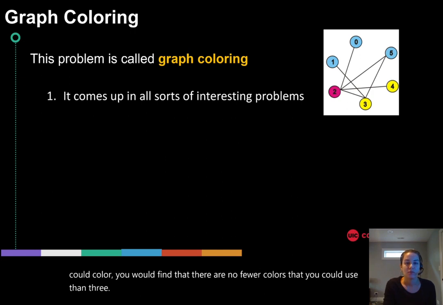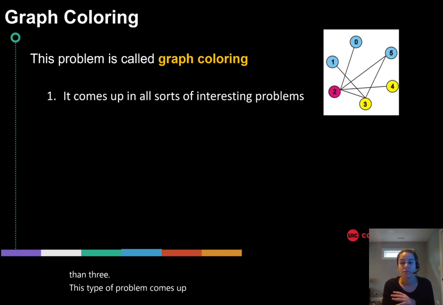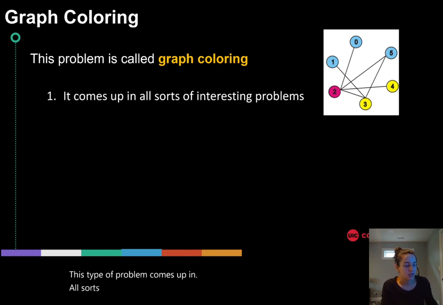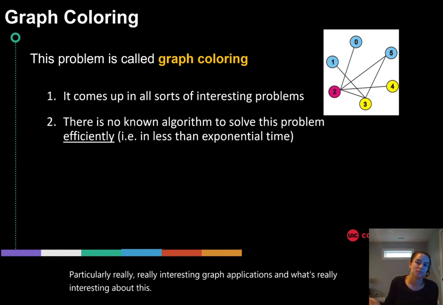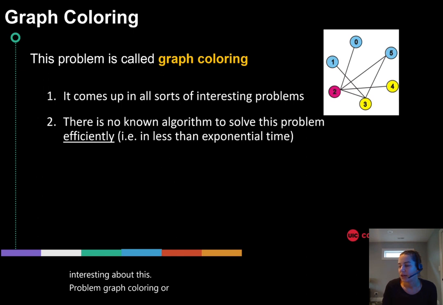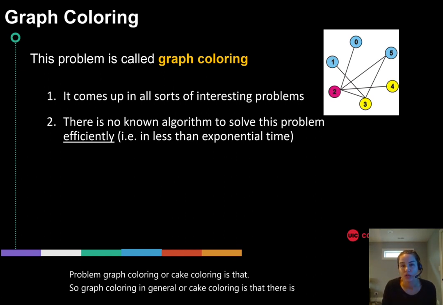This type of problem comes up in all sorts of different applications, particularly really interesting graph applications. And what's really interesting about this problem, graph coloring or K-coloring, is that there is no efficient way to write this algorithm.